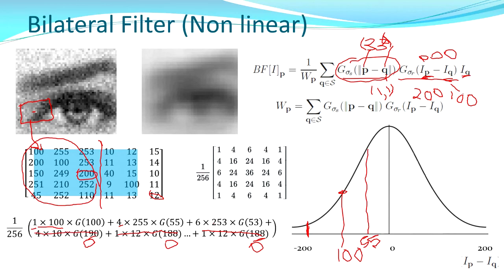So you can see that these 10, 12, this 12 and all these particular pixels are not going to have so much effect because of this G term. If the difference between IP minus IQ is very high, suppose here there is totally black and here there is totally white, the difference between the pixel values will be very high, and because of this the weights will turn to 0 and will have no effect. So these will not get averaged, and that is what we want.